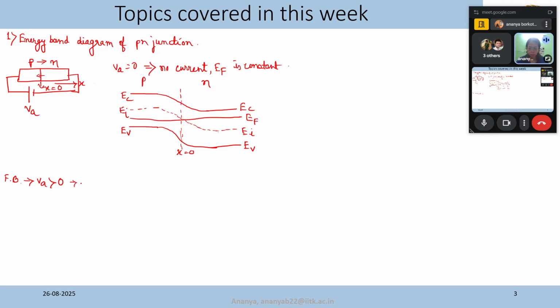So what will happen? Majority carriers diffuse into the depletion region. Holes will enter the N side.